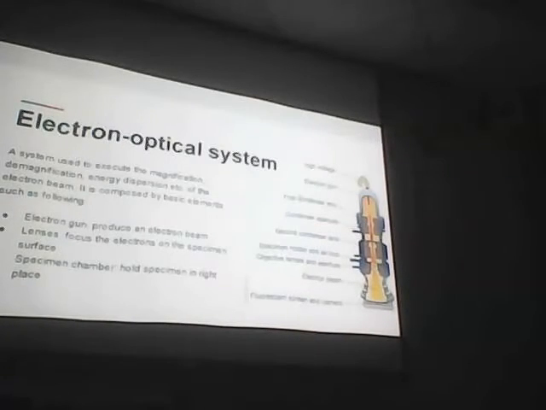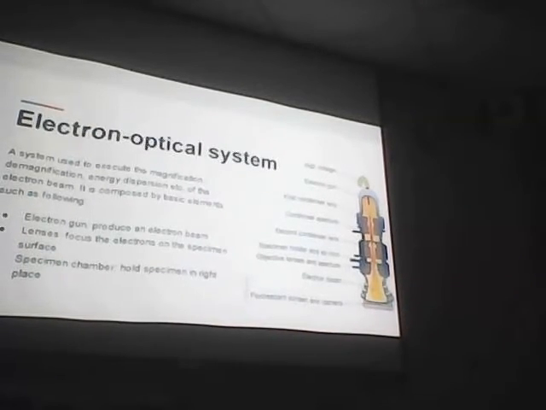So this is the electron optical system. This is the main part of the microscope. Like you have the electron gun and your lenses, and this part is the chamber of the specimen.